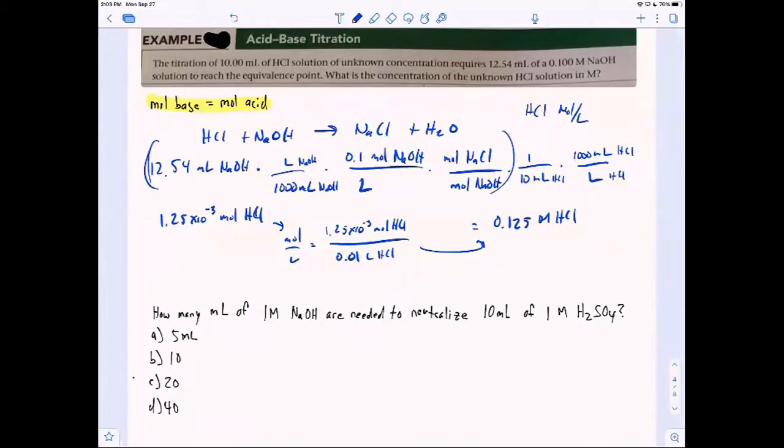So look at the concentration. You have 1 molar and you have 1 molar, and you're using sodium hydroxide to neutralize the sulfuric acid.